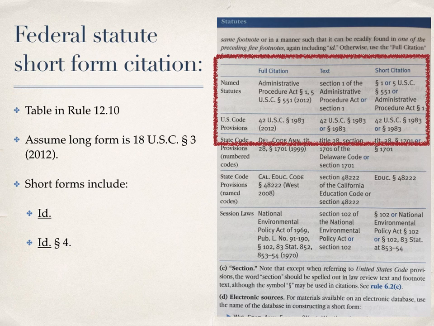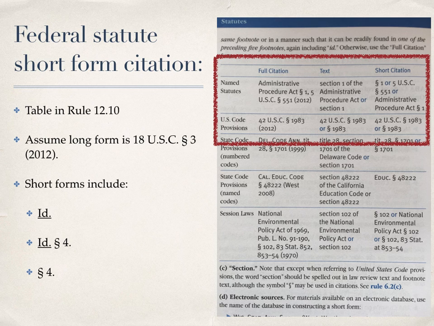Now this id. form would mean that I would have to have cited to Section 3 in the immediately preceding cite in order to use this format. Note also that unlike a case cite, where you would put at between id. and the specific page number, in a short form citation for a statute, it's simply id. space section space 4.